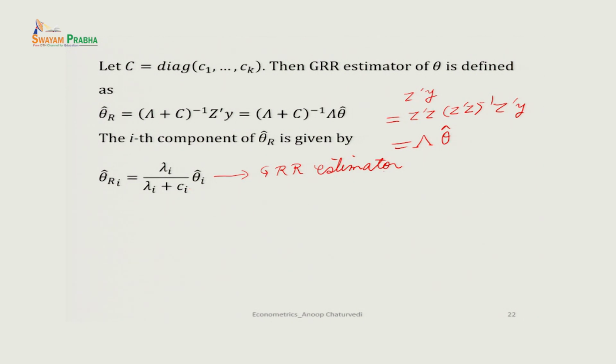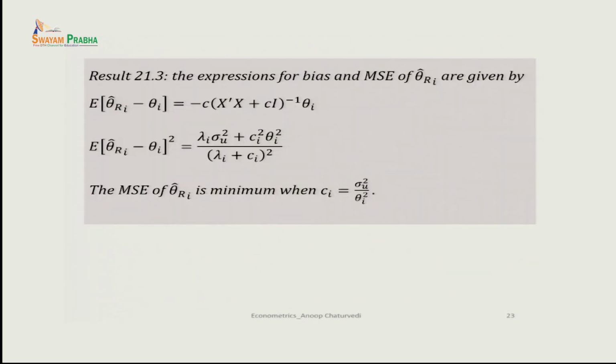In the generalized ridge regression estimator, we are adding different constants in different diagonal elements, or in different lambda i's.